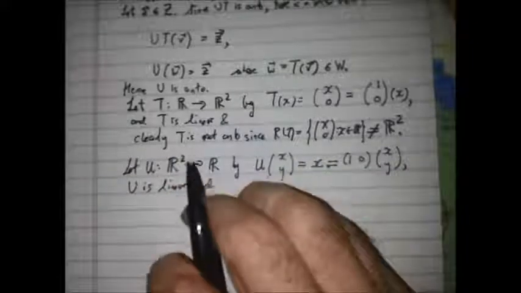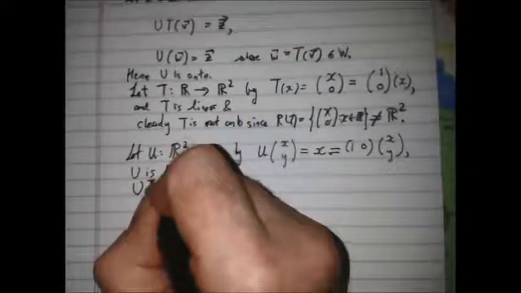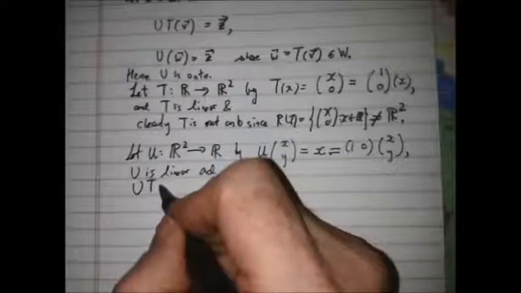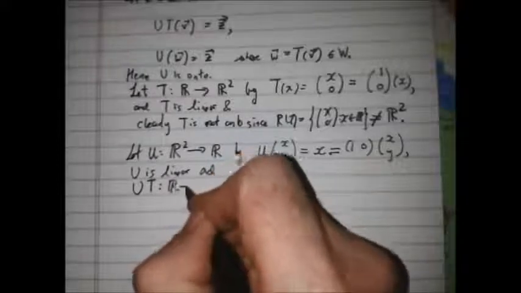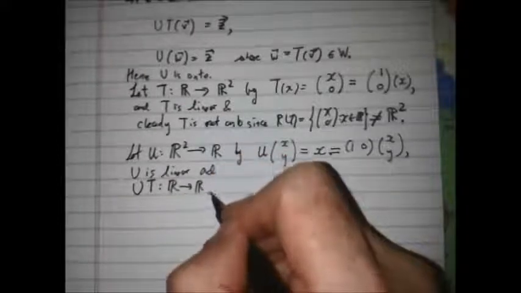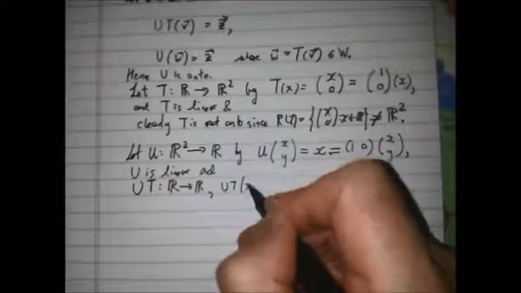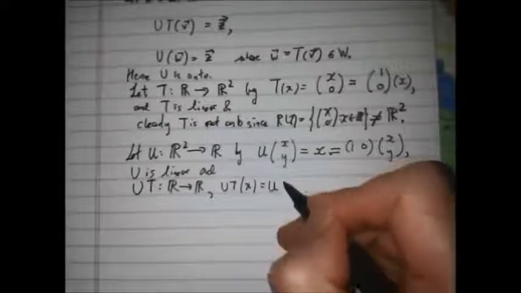And if we look at UT, okay, so UT goes from R to R. UT of x equals U of (x, 0). That's equal to x.